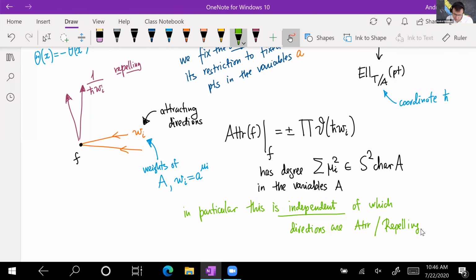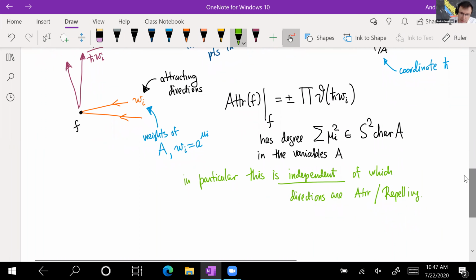Because if I choose a different splitting of attracting and repelling directions, some W will change to 1 over W, and so this mu i will change to minus mu i, but the square will not change. It'll be the same. So the degree is the same. This is the actual line bundle; of course, the actual line bundle will be different, but the degree is going to be the same.